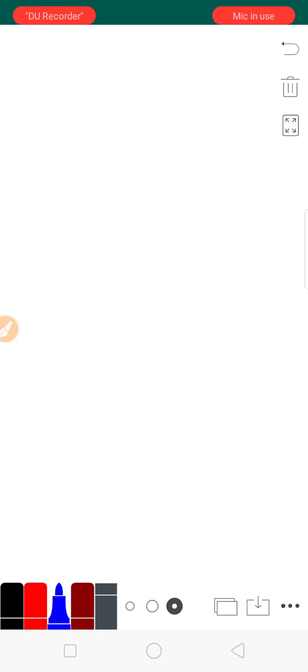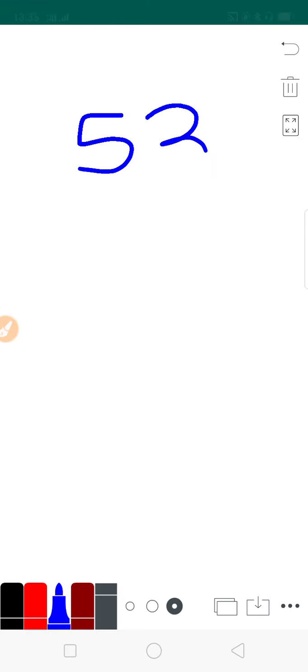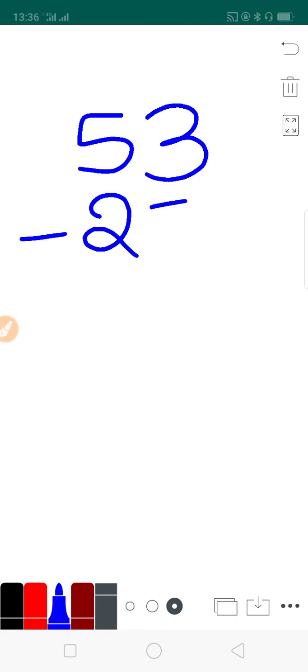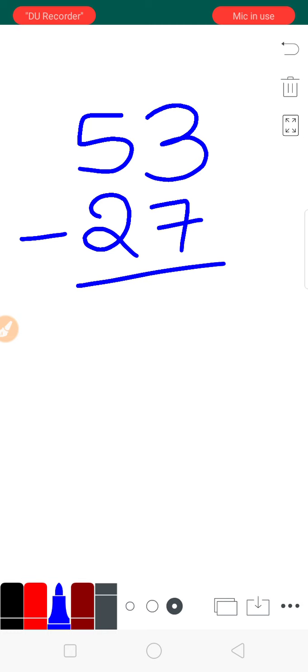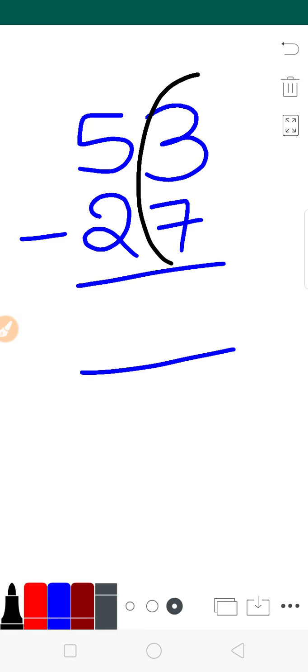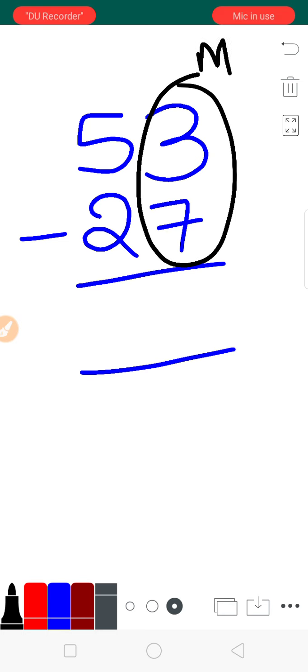Let me explain with one more example, the last example, so that you can understand very clearly. 53 minus 27, let us do. You can clearly see that this is a mismatch combination.